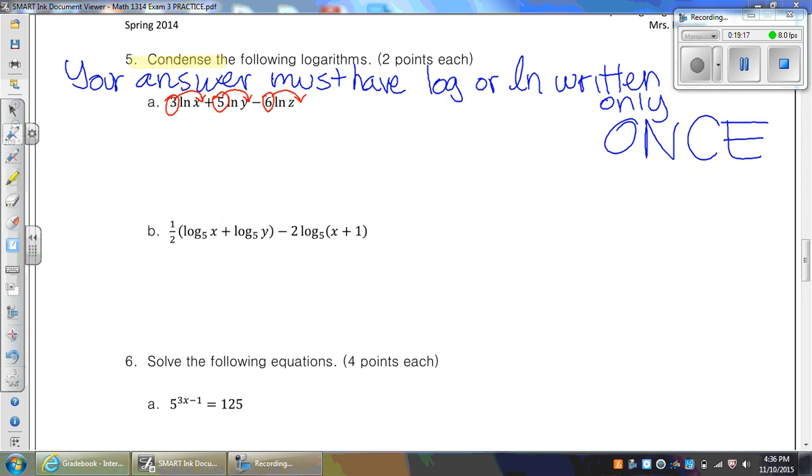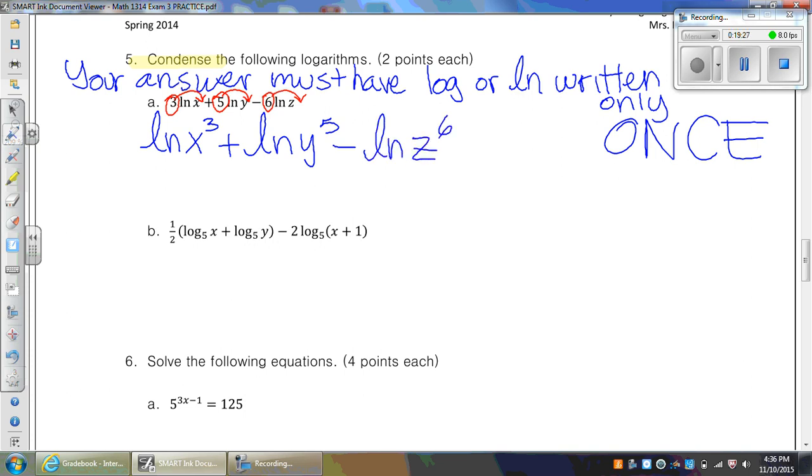So this will be ln of x cubed plus ln of y to the 5th minus ln of z to the power 6. Now, if we condense, because we could only have ln once, right? Only once. This will be ln of x cubed and y to the 5th in the numerator.